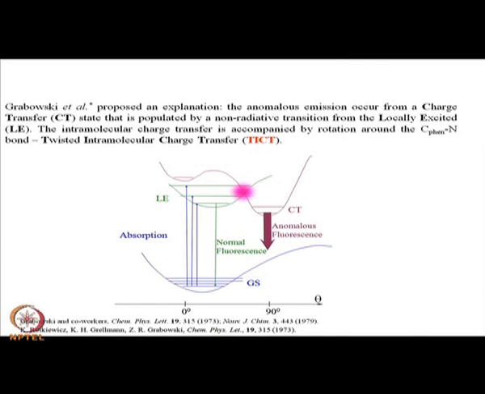Okay. So, this is your locally excited state. When you excite, this locally excited state is populated, and from this locally excited state, the CT state is gradually populated.